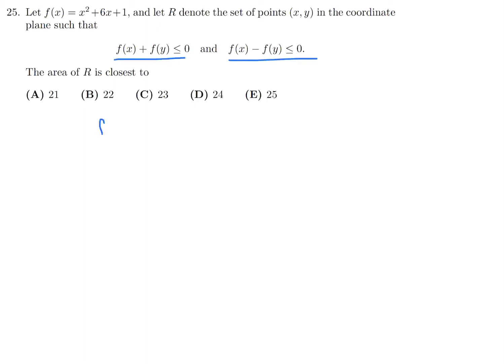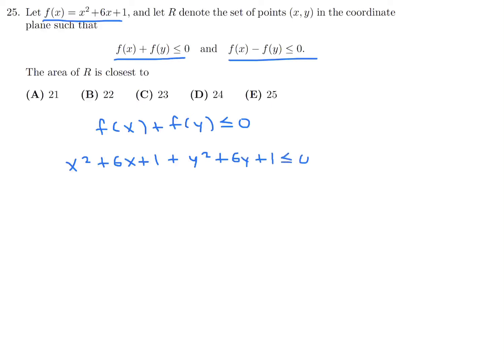We have f at x plus f at y is less than or equal to 0. So f at x is x squared plus 6x plus 1 according to the question, and therefore f at y would be y squared plus 6y plus 1, and this is all less than or equal to 0. So it looks like probably a circle.